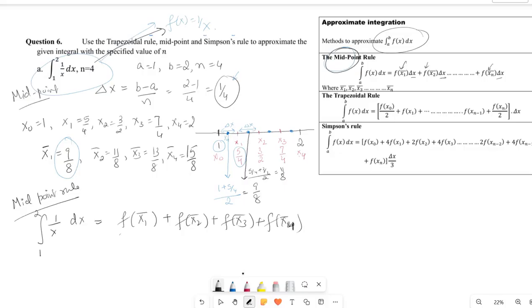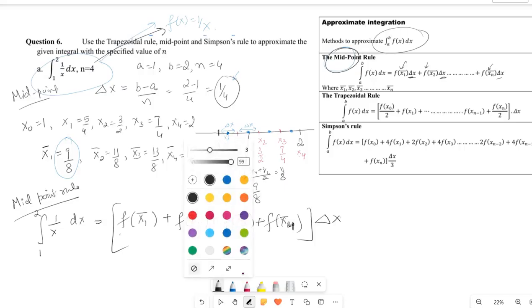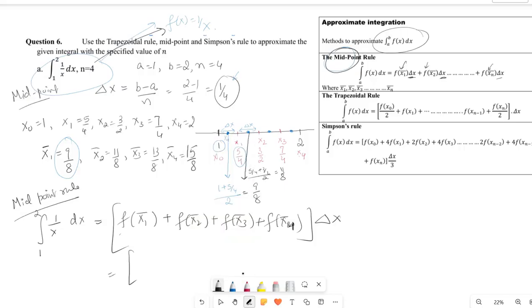The delta x can be factored out, because delta x is with each of these terms. f of x1 bar is f at 9 by 8, and f of x is 1 by x.